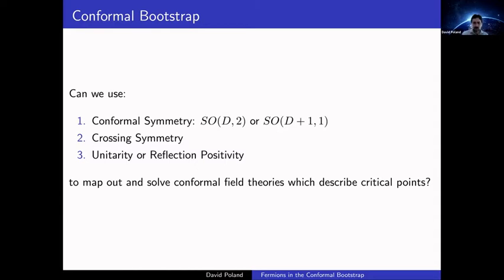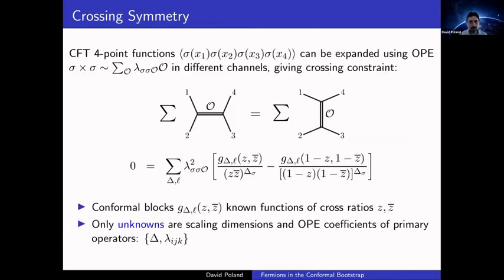So in practice, the way the conformal bootstrap proceeds is to think about 4-point correlation functions in conformal field theories. So if I have a single operator sigma, I can think about the 4-point function sigma of x1, sigma of x2, sigma of x3, sigma of x4.